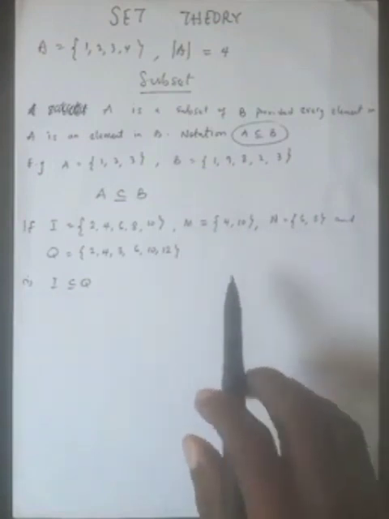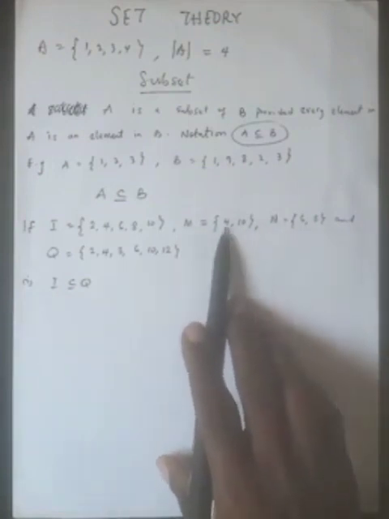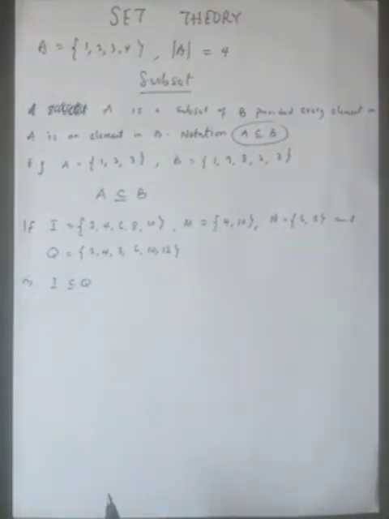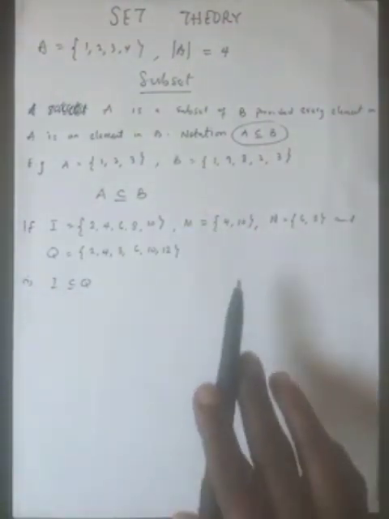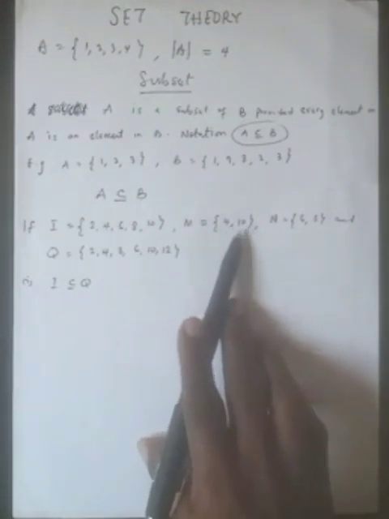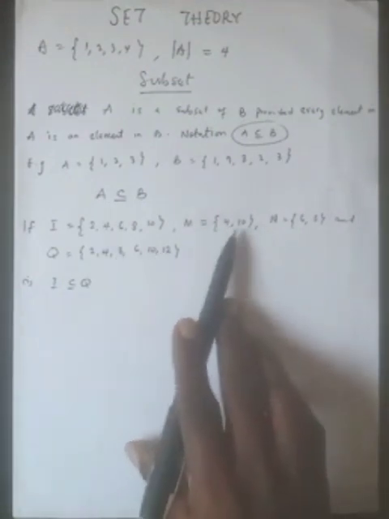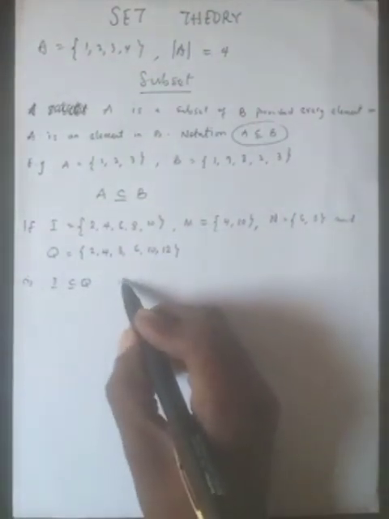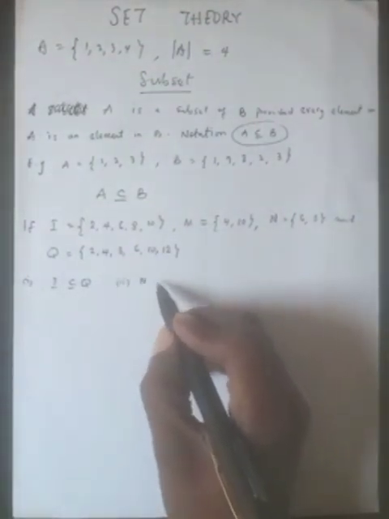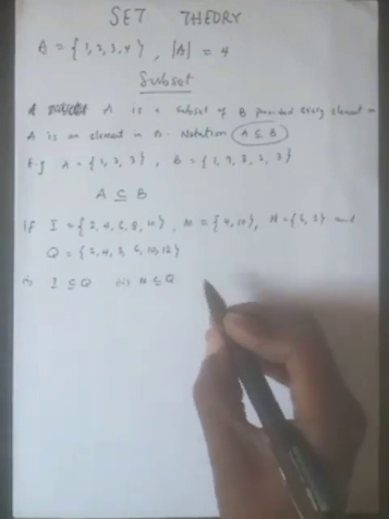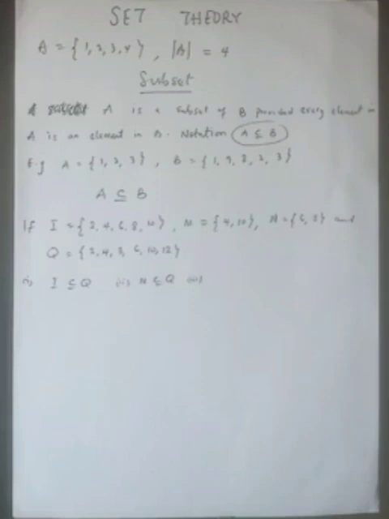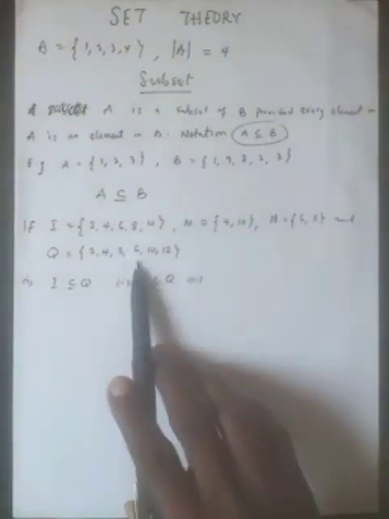Now let's also compare set M to set Q here. Set M comprises just 2 items, that is 4 and 10. Comparing that to set Q, we can see that 4 and 10 are also present here. So M is a subset of Q. Then the third one, set N. Is set N a subset of Q?